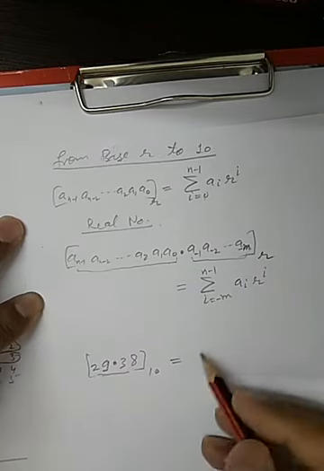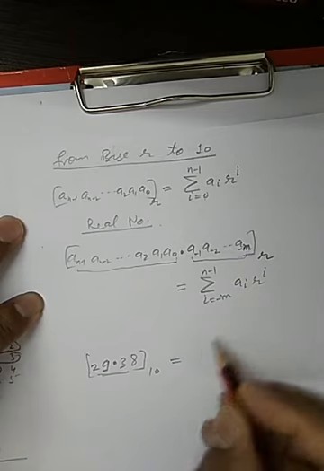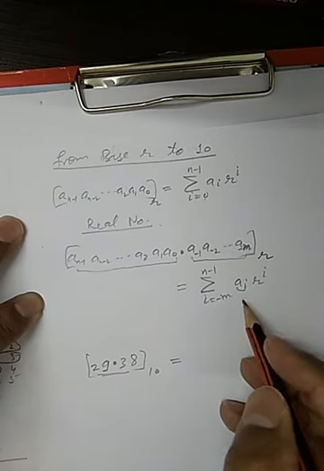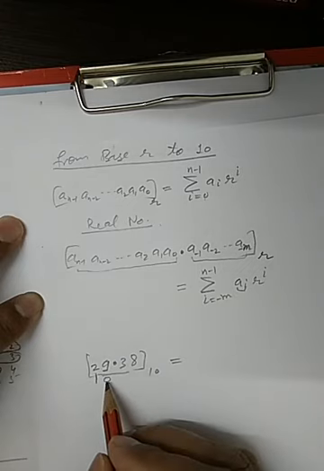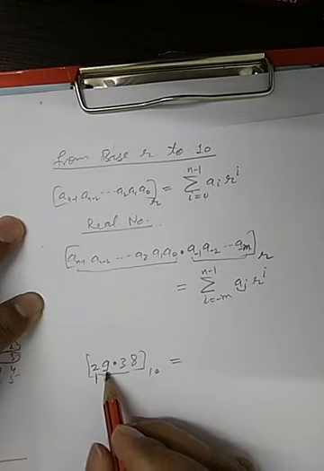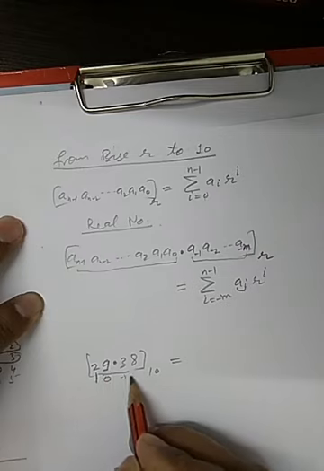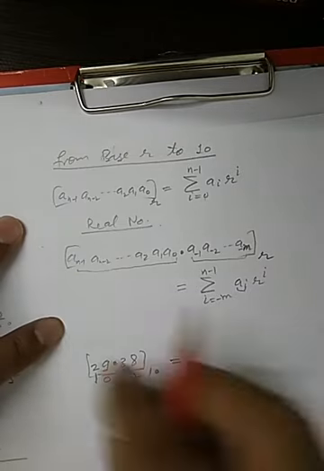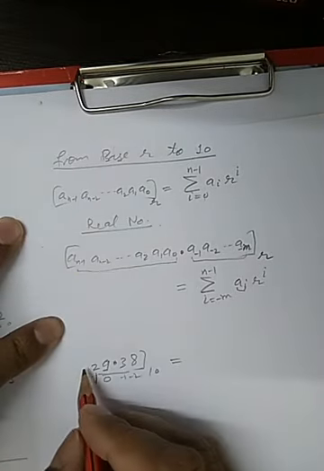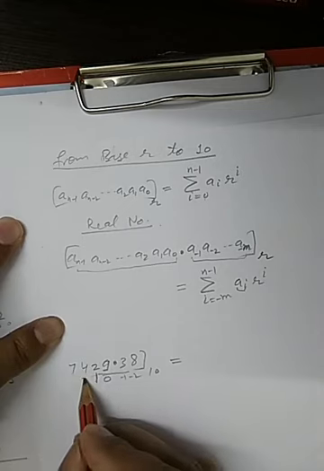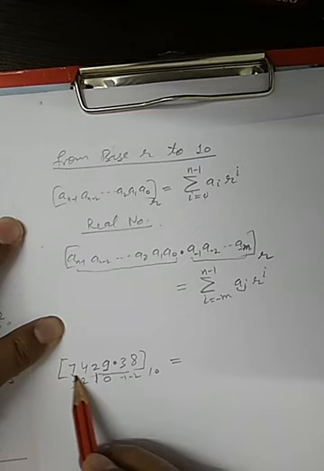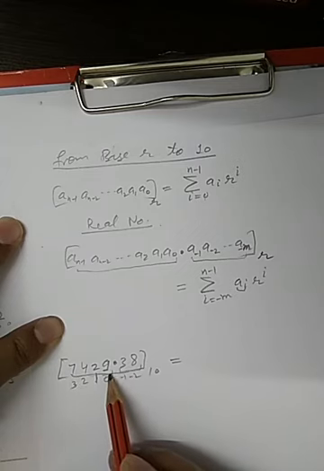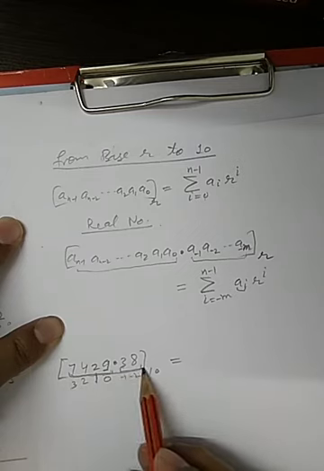So let us check this formula. a_i means the symbol, so first of all I will designate the subscripts of the symbols.